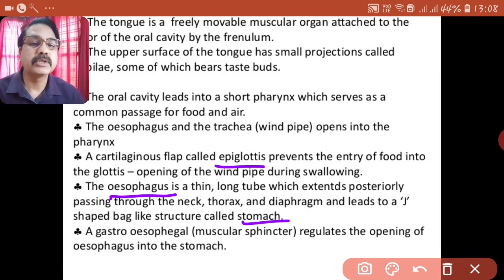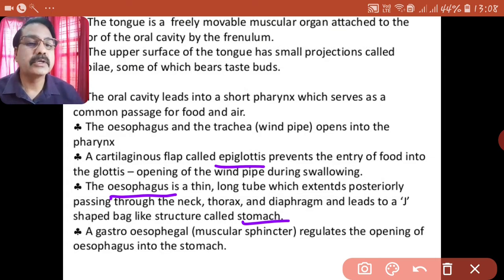Here we can see the esophagus lies between the backbone and the trachea. When food passes through the esophagus from the mouth to the stomach, there is a peristaltic movement: the contraction and relaxation of the muscles of the esophagus is called peristaltic movement or peristalsis.